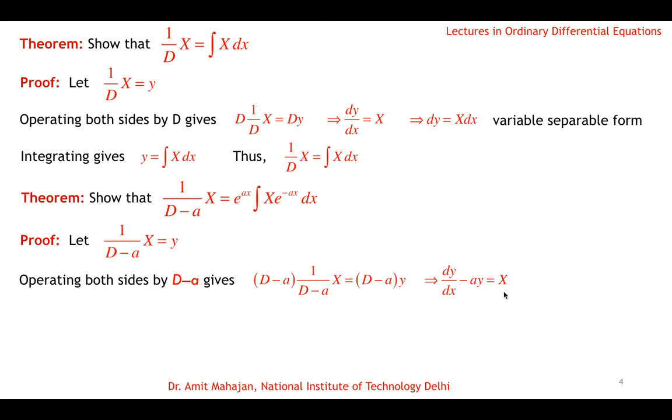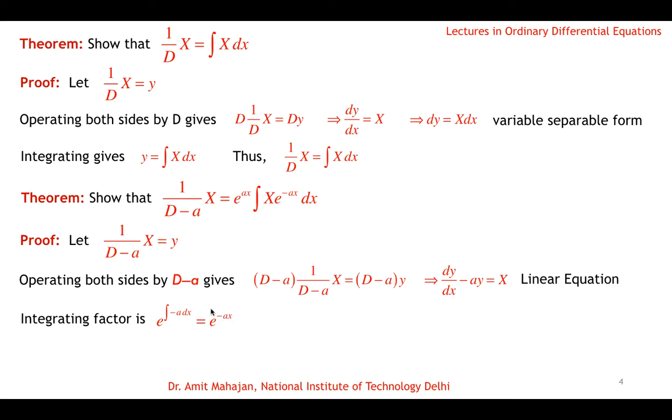For this we first calculate the integrating factor, and the integrating factor is e raised to the power integral of P dx, where P here is minus a. So the integrating factor is e raised to the power integral of minus a dx, which is e raised to the power minus ax.